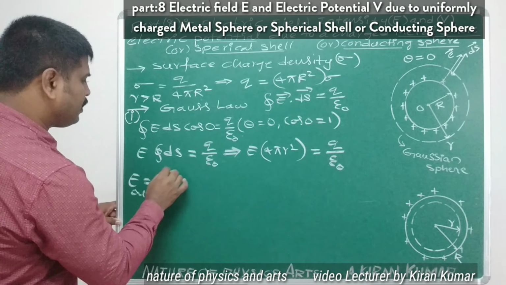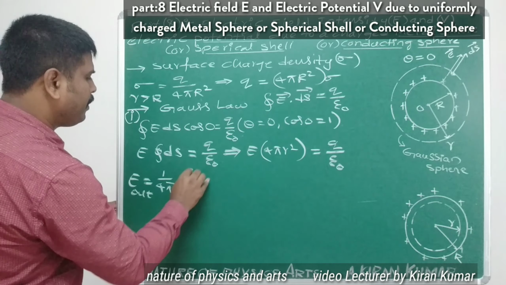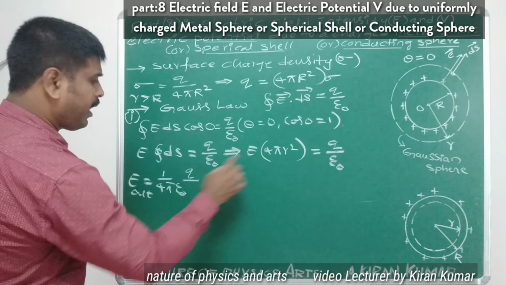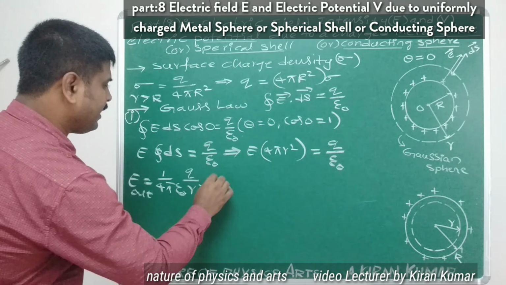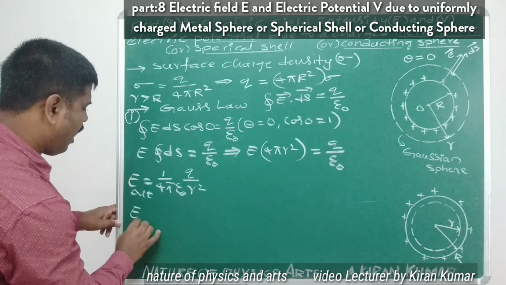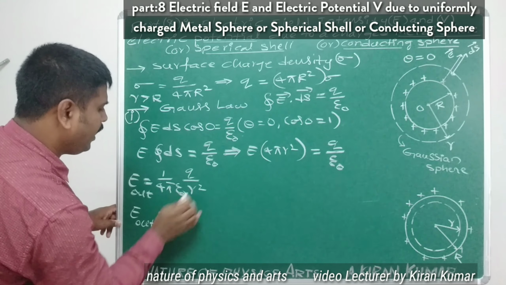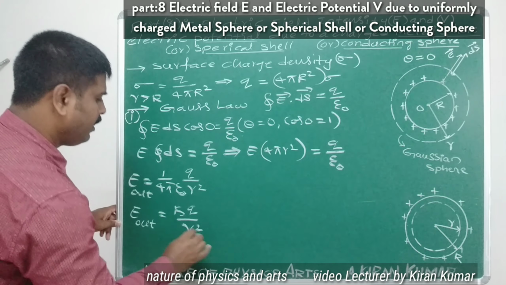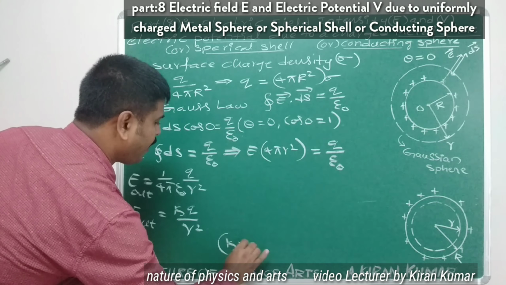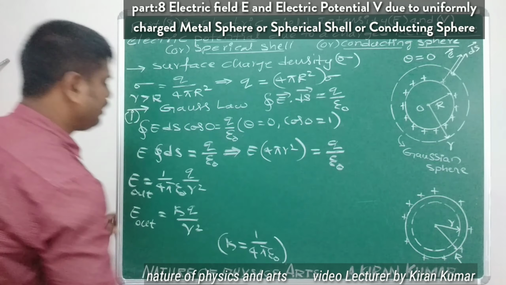E out is equal to 1 by 4 pi epsilon naught Q divided by r square, so we can write E out equal to kq divided by r square, where k is equal to 1 divided by 4 pi epsilon naught.